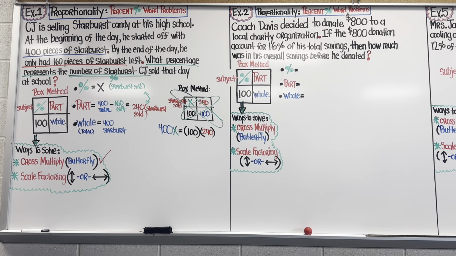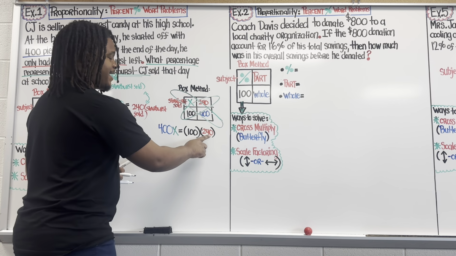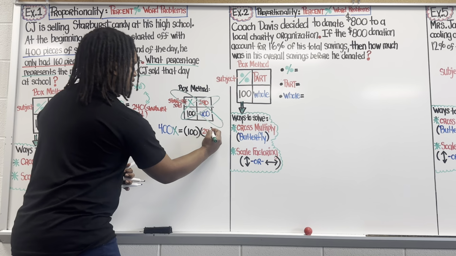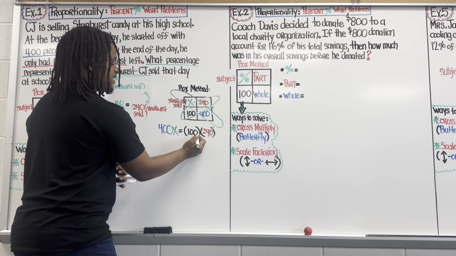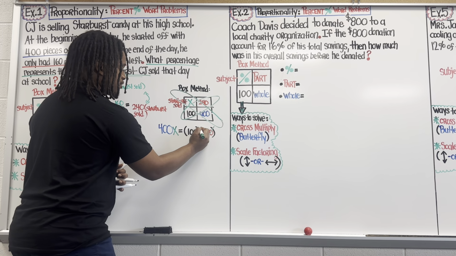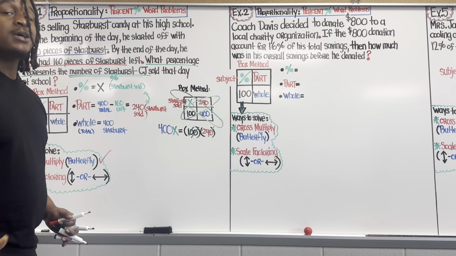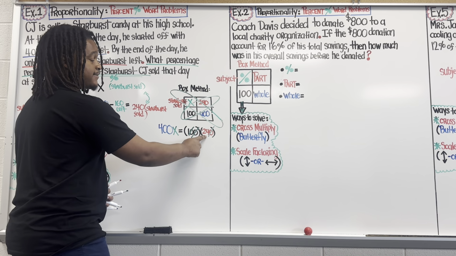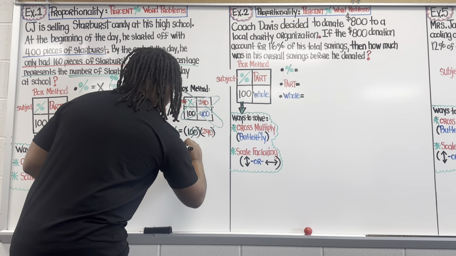Now, here's a little trick that I show my kids whenever we're multiplying big numbers that have consecutive zeros starting at the ones place, okay? 240 has a 0 in the ones place, and 100 has 2 consecutive zeros starting at the ones place. What we can do is cross out those zeros and then reattach them after we multiply 24 times 1, or 1 times 24, right? So 24 times 1 is 24.